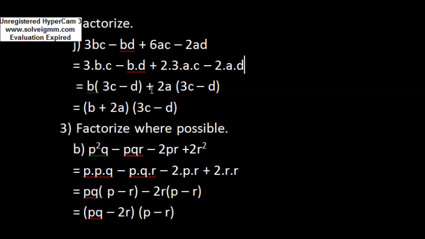Okay. Now in the third and fourth terms, you can see 2 is in the third term, and 2 is also in the fourth term. A is also in the third term, and A is also in the fourth term. So your common factor is 2A, and inside the bracket you will write the quotient.